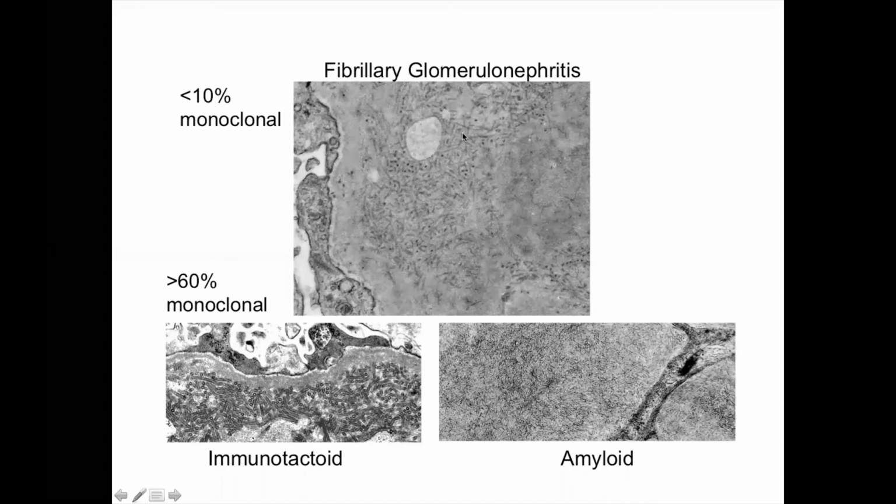And on immunofluorescence, fibrillary is going to be polyclonal, we have both kappa and lambda as well as the immunoglobulin. And immunotactoid has immunoglobulin but is going to be either kappa or lambda. And amyloid, as we said, in AL amyloid we don't have immunoglobulin, we have only restriction of the light chain.